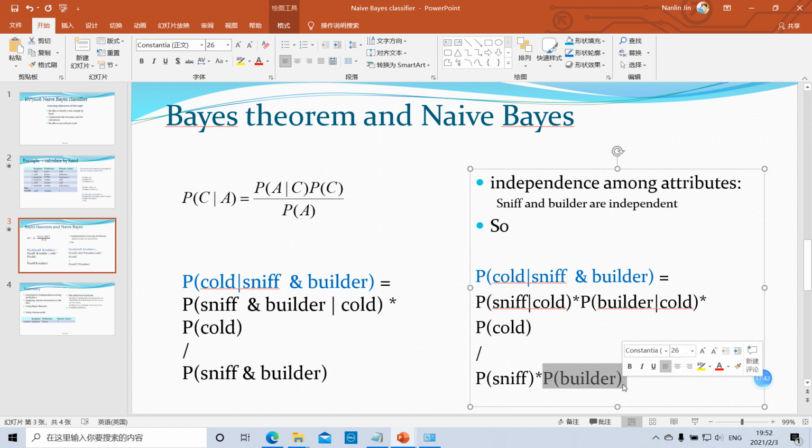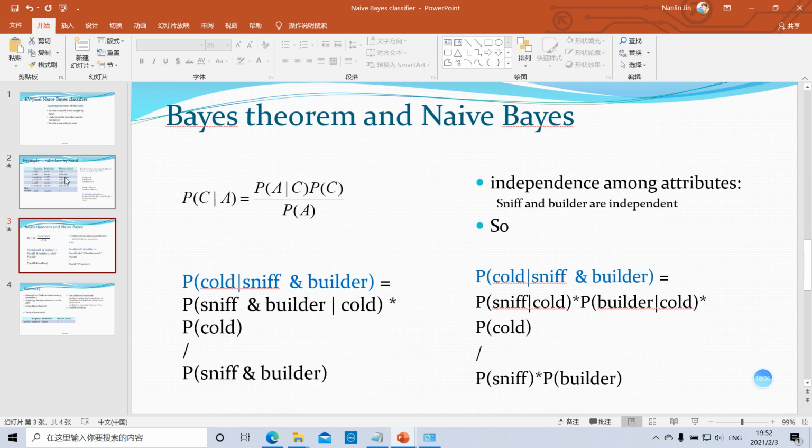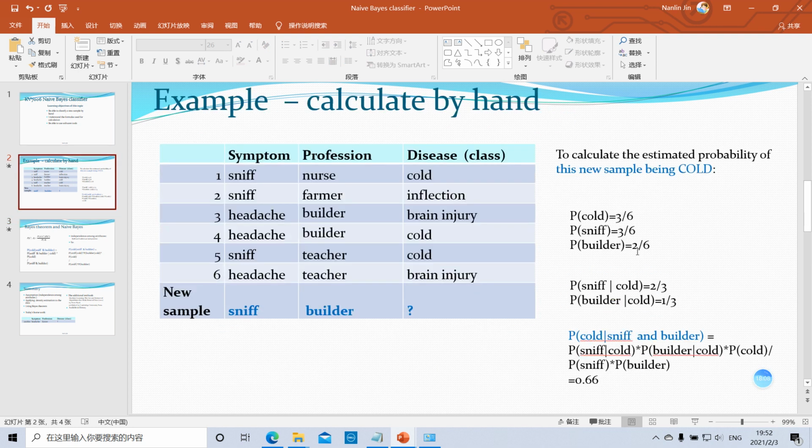Because this actually means, if the probability of sniff is like 10%, and the probability of builder is 20%. Or let's say it this way, looking at the previous example, the probability of sniff is 50%, okay? The probability of builder is, let's see, 1/3.